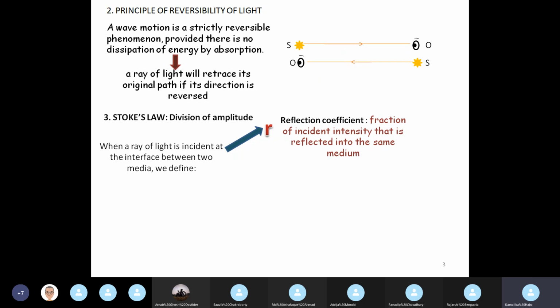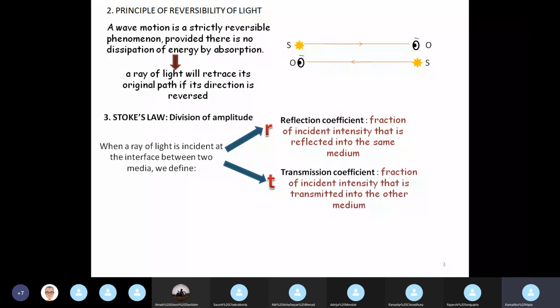So how much will be reflected back is decided by this reflection coefficient r. And the other parameter is small t, the transmission coefficient. This is the fraction of incident intensity that is transmitted into the other medium. So obviously the reflection coefficient of a shiny surface is very high, whereas the transmission coefficient of a transparent surface is very high.